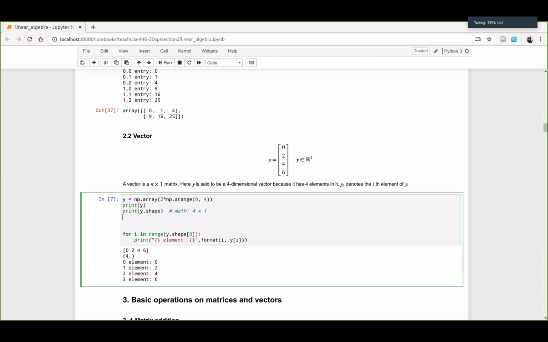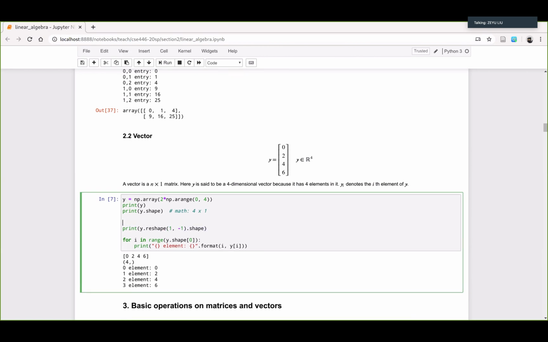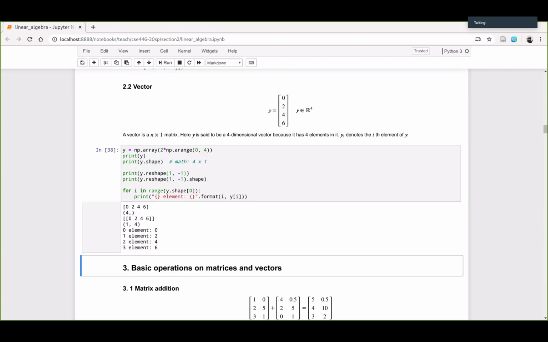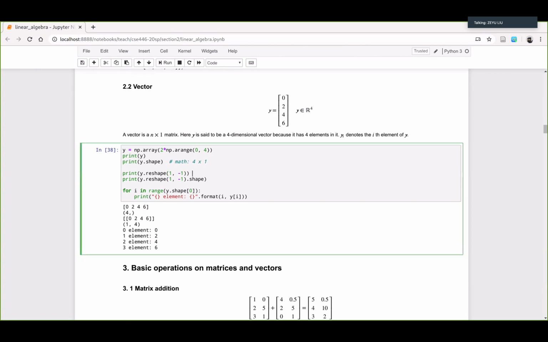But you can also write a row vector in this way. The -1 is just for automatically calculating what that dimension is. So this is equivalently, in math, a 1 by 4 vector.